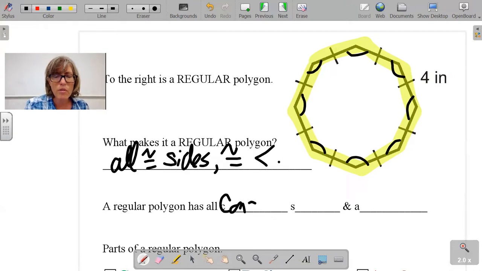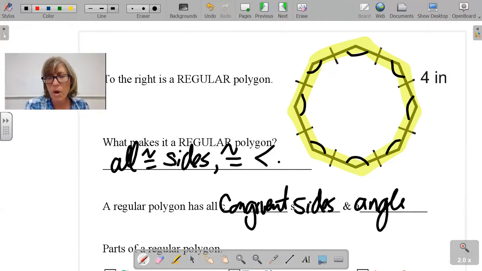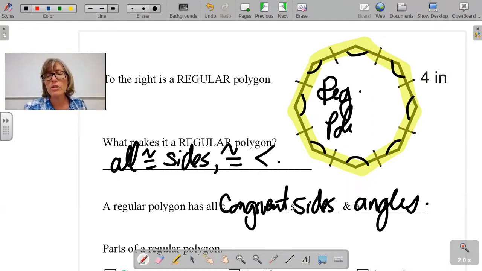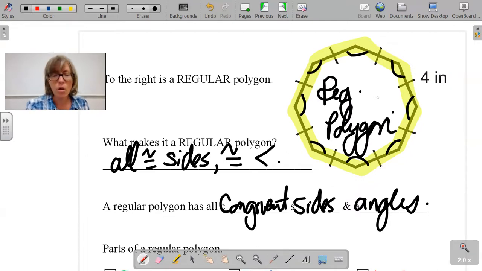So you have congruent sides and angles. Keep in mind what you're about to learn in the next 15 minutes only works for regular polygons. Does not work for anything else. Only polygons that meet these two circumstances, congruent sides, congruent angles.